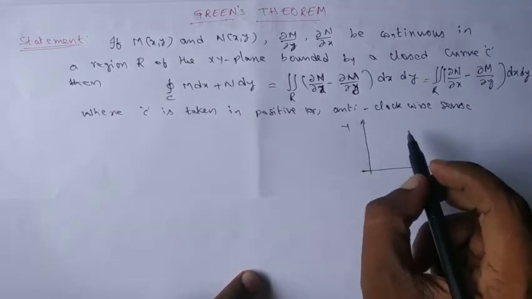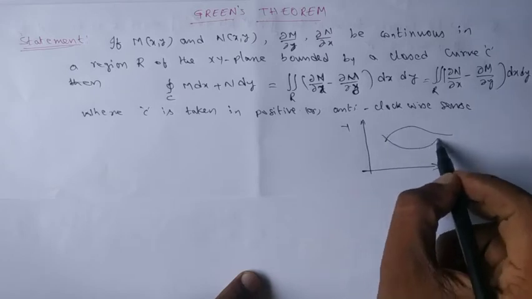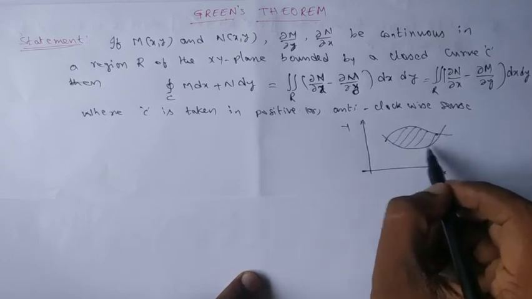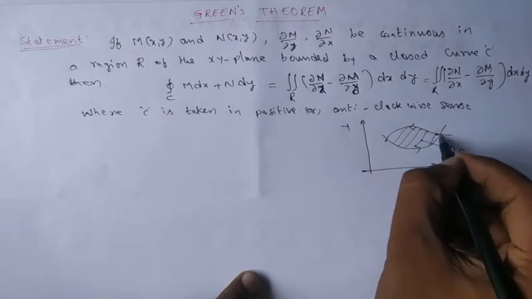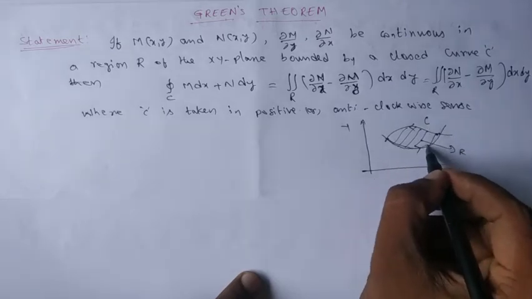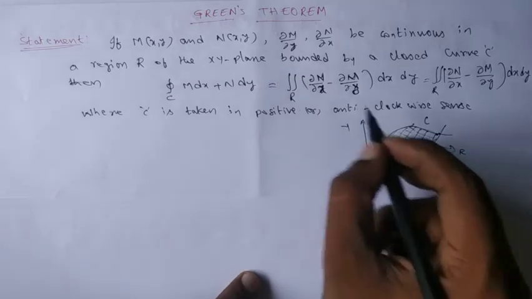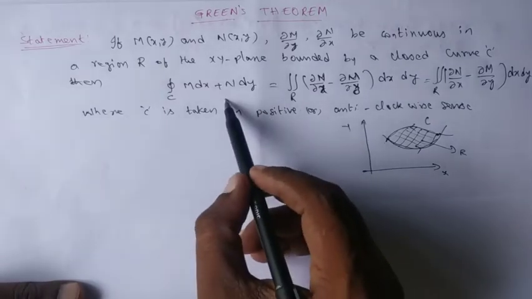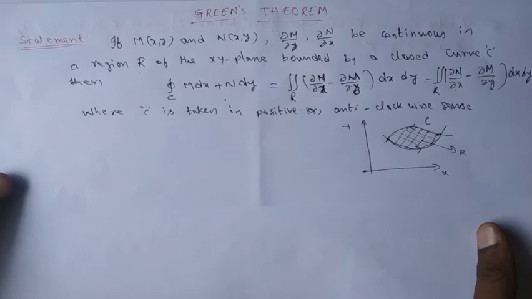I take a region in the xy plane, let us say this is the region R, bounded by the closed curve C. Whenever it is so, this statement holds, which means Green's theorem gives the relation between the line integral and the surface integral.